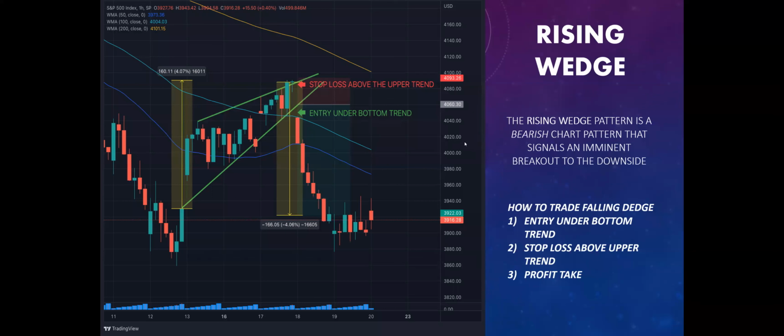Anyone have a question about rising wedge or falling wedge? Yes, I'm watching SPX.